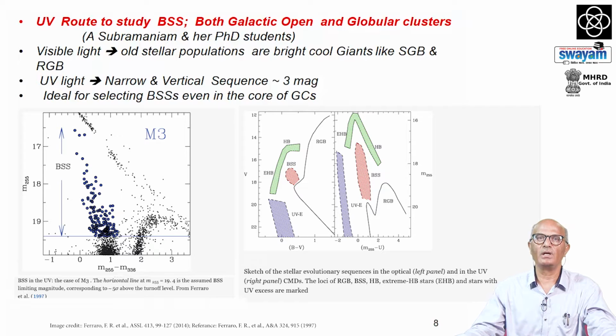That is why UV observations are very helpful: in UV light the sequence becomes narrow, about 3 magnitudes vertically, and this information is ideal for studying blue straggler stars in the core of galactic globular clusters.